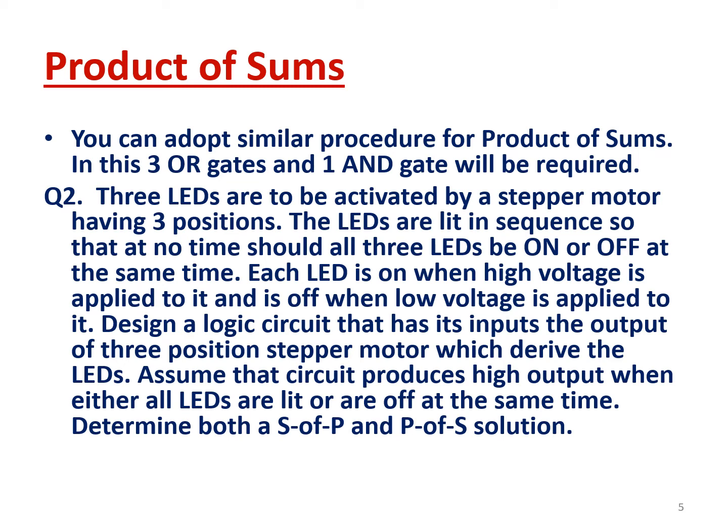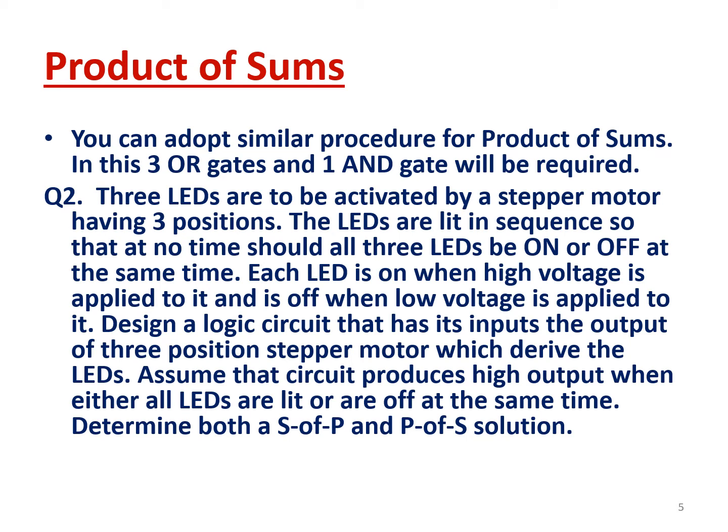Now here we are putting up the condition that it has as its inputs the output of the 3 position stepper motor which drives the LEDs. Assume that the circuit produces high output voltage when either all LEDs are lit or all are off at the same time. So the condition is that whenever high voltage is applied to an LED, it is on, and if 0 is applied, it is off.